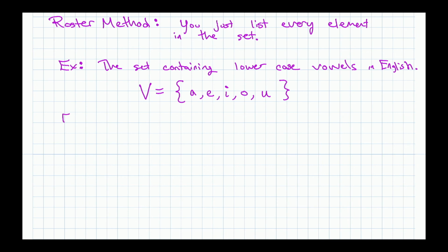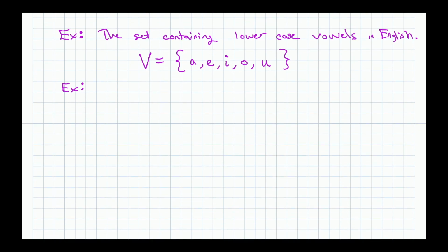Let's do another example, straight from the book. They're going to call the set O, for odd. The set O is odd positive integers less than 10. How would you write that?